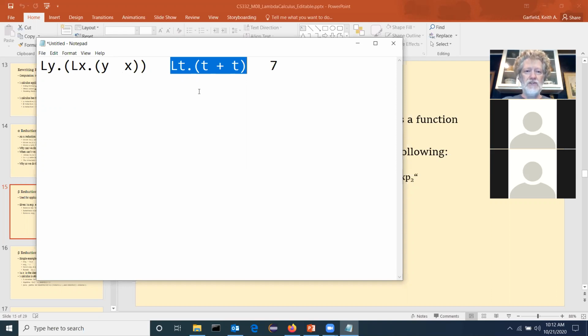Now I also have this situation. I have an expression followed by an expression where the one on the left is a function, so I could do the beta reduction. You work from left to right, and if you need to enforce any precedence, you do that with parentheses.